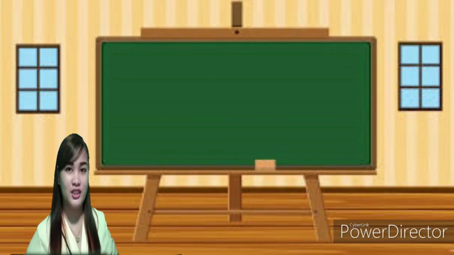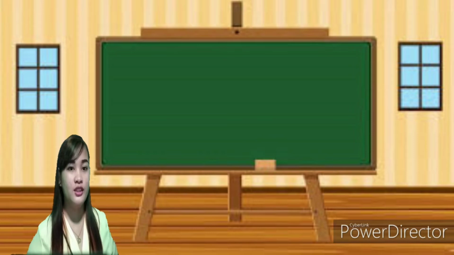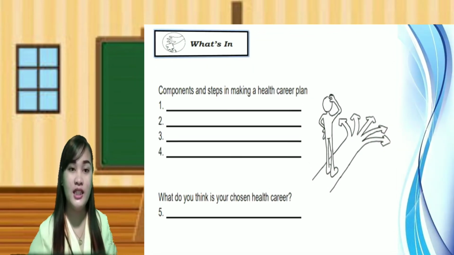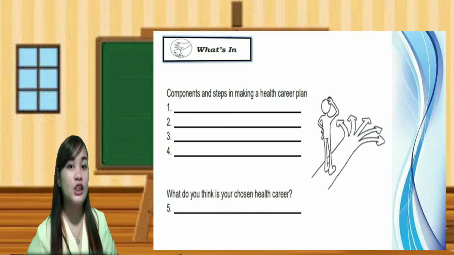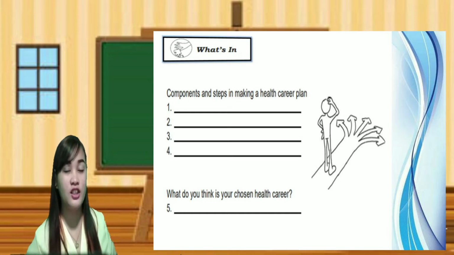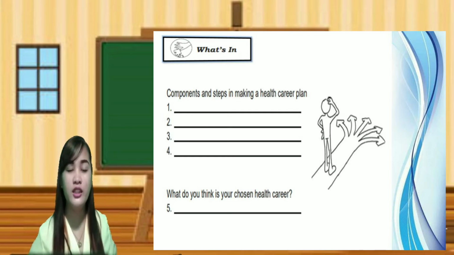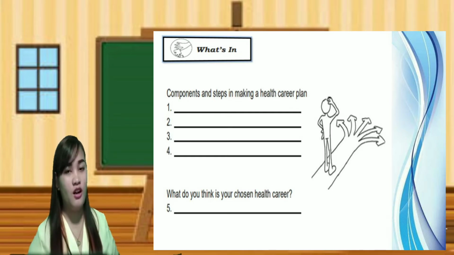After watching the video, let's try to answer the question below. List down the 4 components and steps in making a health career plan. So numbers 1 to 4, give the components and steps given in the video.